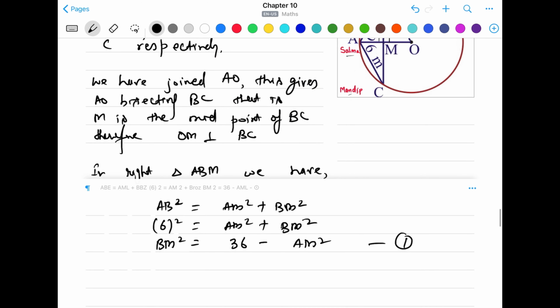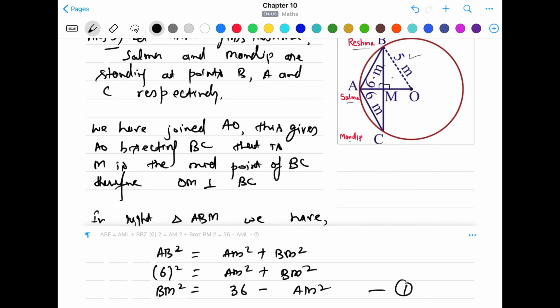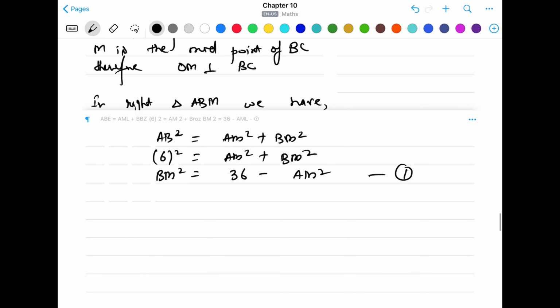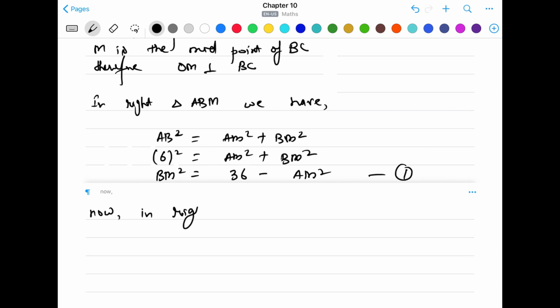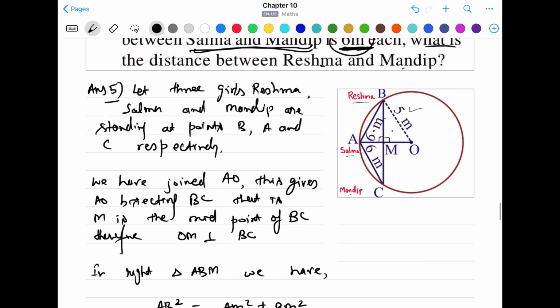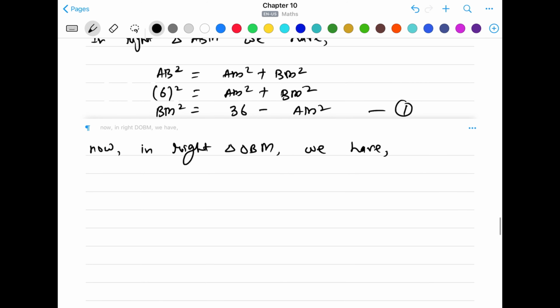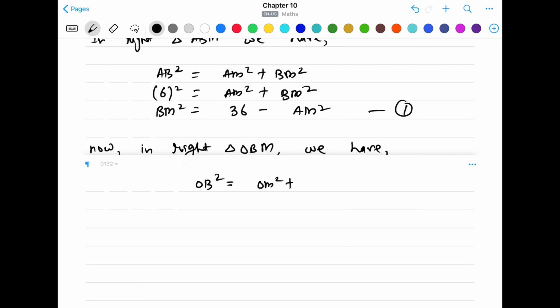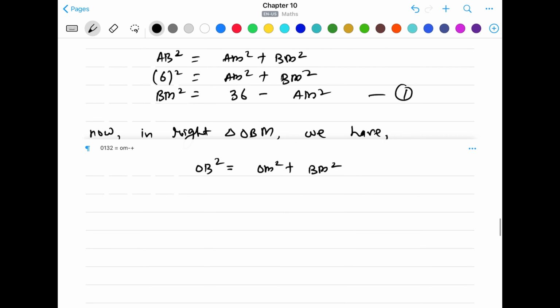Now we're going to apply the Pythagoras theorem in the right triangle OBM. Again, the hypotenuse is BO, or you can say OB. So this OB square will be equal to the sum of the base and the perpendicular, that is OM square plus BM square.